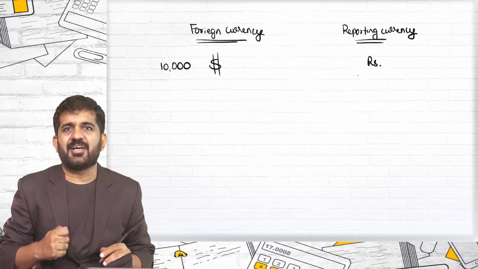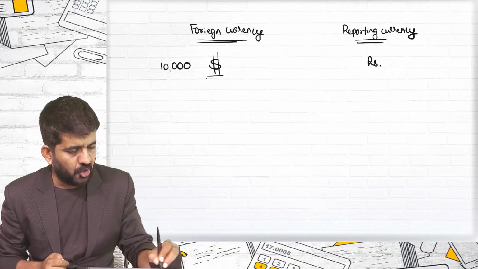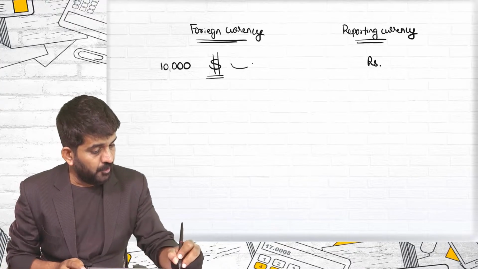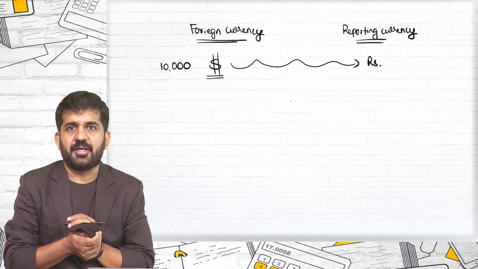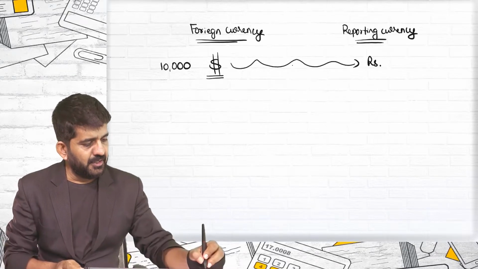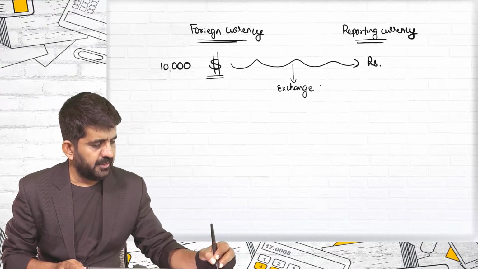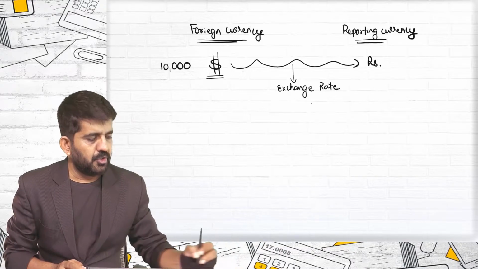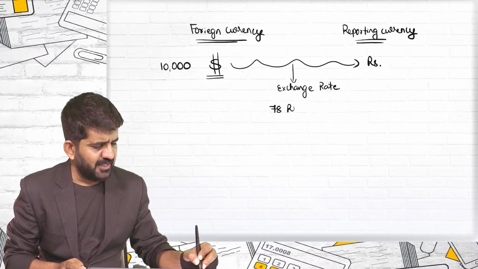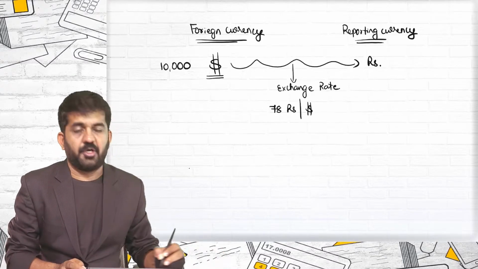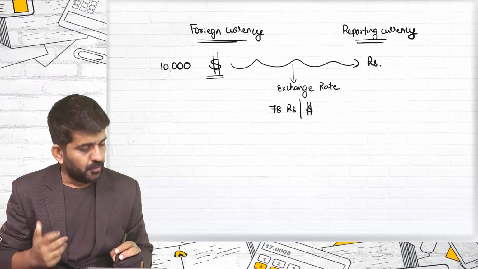You cannot write something in dollars in the Indian consolidated balance sheet. So you will have to convert this dollar into rupees. Here the exchange rate comes into the picture. Say today's exchange rate is 78 rupees per dollar. Basically it means $1 is equal to 78 rupees.